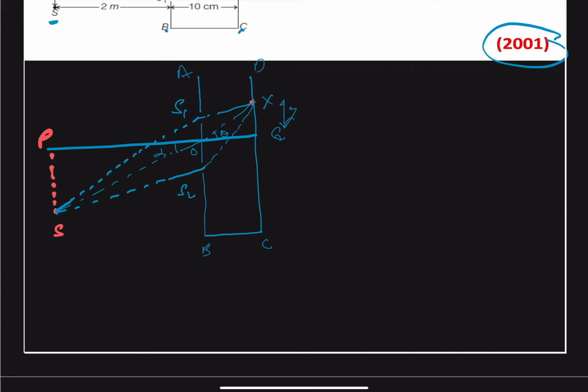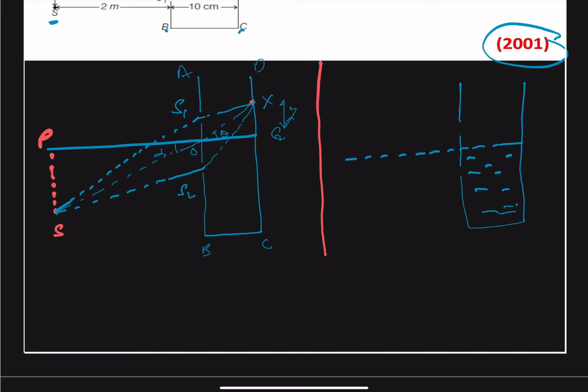Next case, we have this filled with the liquid. So we are going to draw the liquid portion. So this is our central one, and liquid is filled up till this, and source is still here, that is our S, and it says that it meets at point Q. So we can draw an approximate, so it will be bending in this direction, and this might bend slightly.